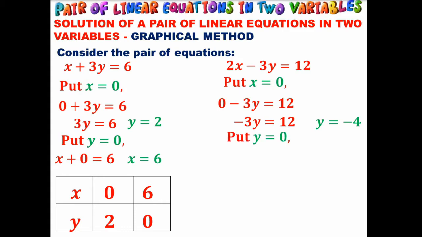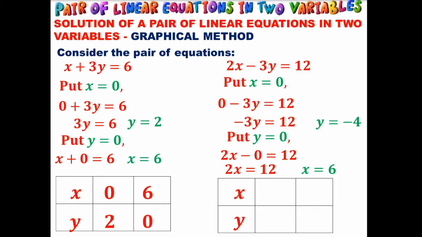Similarly, let me substitute y equals 0 so that the equation becomes 2x minus 0 equals 12, which means 2x is equal to 12, which on simplification gives us x equals 6. So let me tabulate these values of x, y also. When x equals 0, y equals minus 4. And when y equals 0, x equals 6.